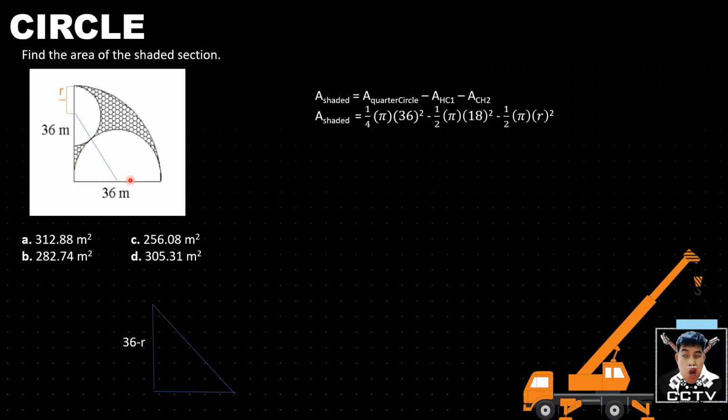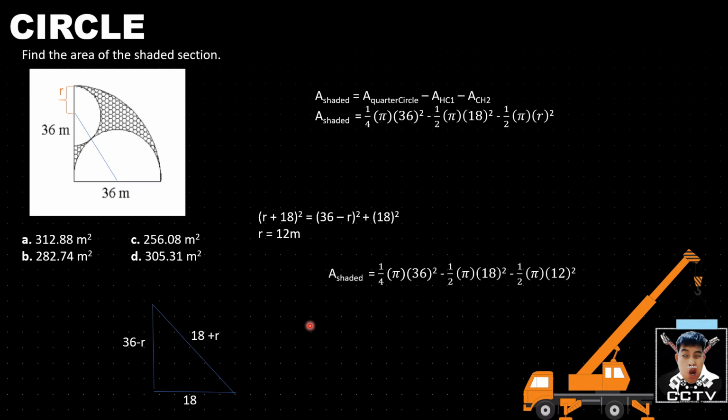This one is 36 minus R. This is 18, half. And then center to center is 18 plus the radius of this, which we don't know, so it's R. And then, Pythagorean.